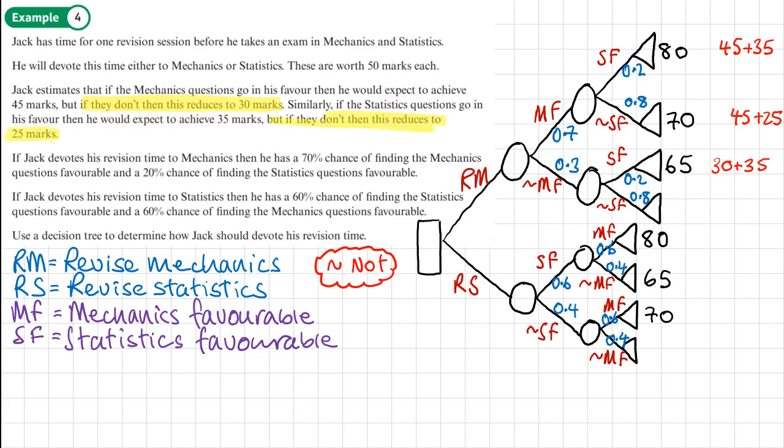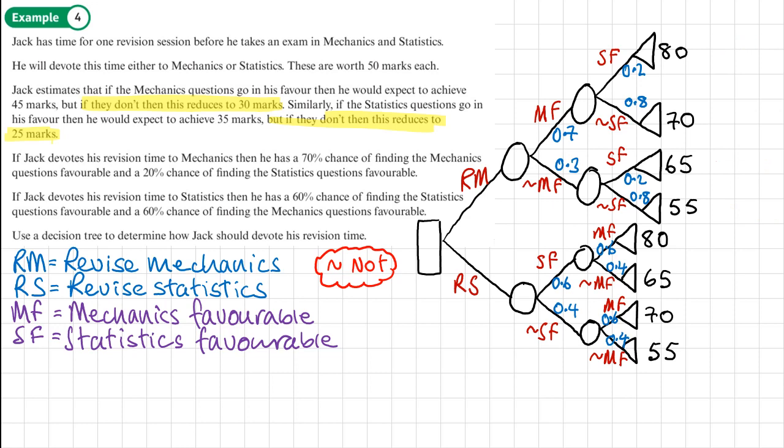And then lastly, not favourable in both is going to be 30 in mechanics and 25 in stats. So that will be 55. So not favourable in both, this branch here, and it's also this branch down here. So this is also going to be 55.